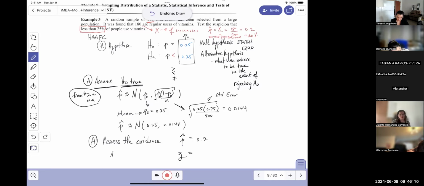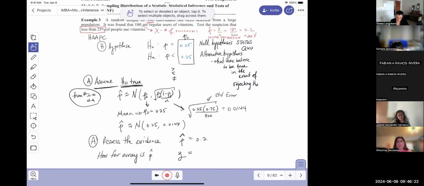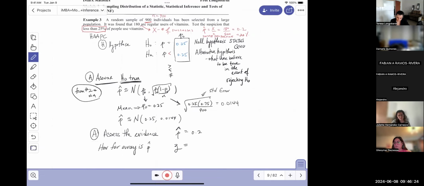Let's just do it like this: how far away is P hat from P0? That's what we're figuring out in terms of standard deviations, because that's what we learn in statistics, the regular expected spread of this distribution because it's normal. So we're going to use the standard deviation.